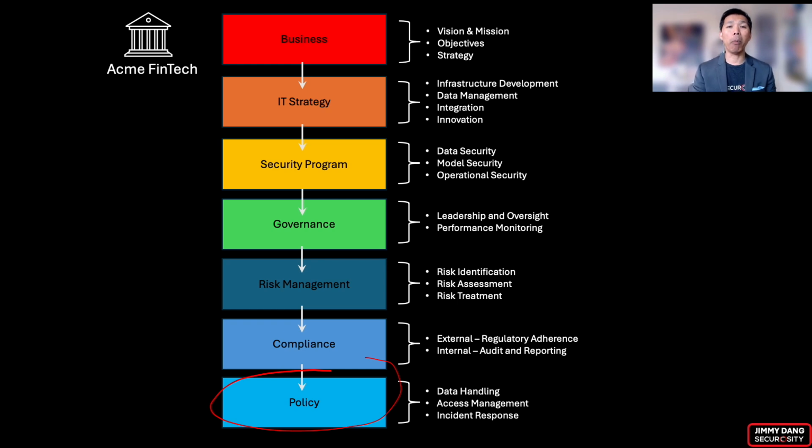Access management, policies governing the use of and access to AI systems and data, enforcing the principle of least privilege. And finally, incident response, procedures for detecting, responding to, and recovering from security incidents to minimize impact and restore normal operations quickly.